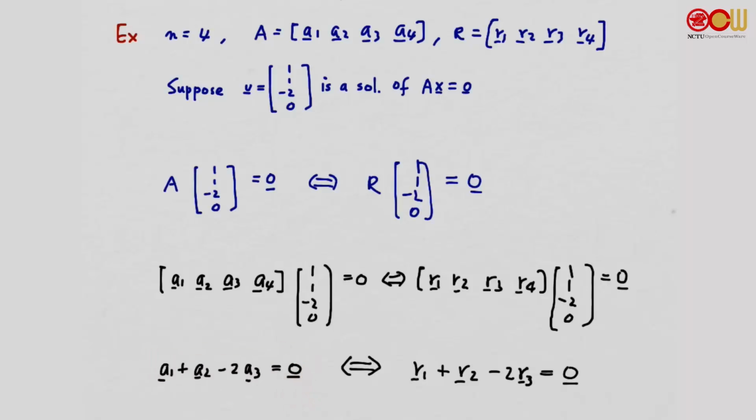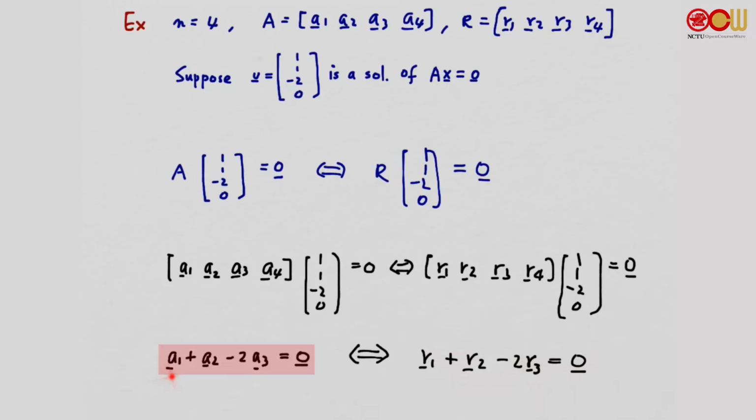This is true if and only if, on this side, the equation is exactly the same, except that A1 is replaced by R1, A2 replaced by R2, and A3 replaced by R3. So what does this mean? Well, this equation tells us that A1, A2, A3 are linearly dependent, and this is the set of linear combination coefficients that would give us the zero vector. And the same linear combination coefficients of the R vectors will give us the zero vector.